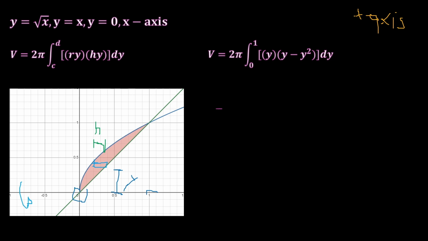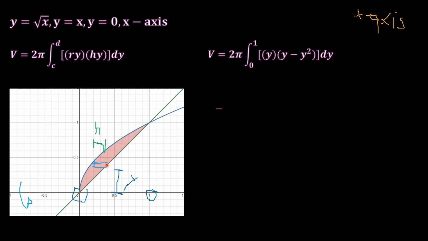So here, from 0 to 1, we put that here as limits. We will be getting the integral of y, the radius, which is just y, as we established here, times y minus y squared.